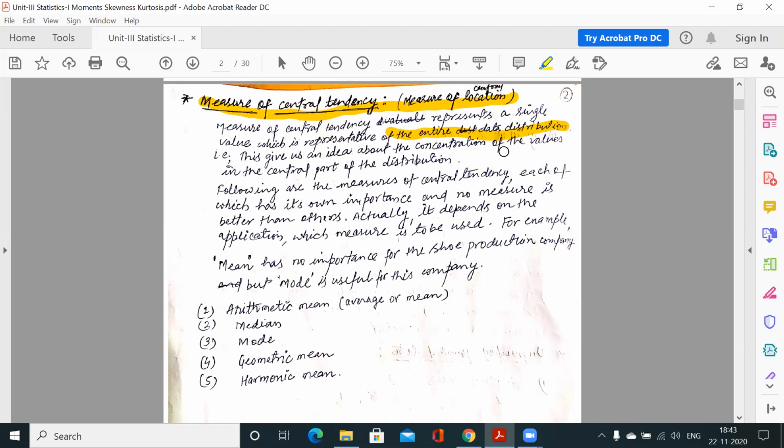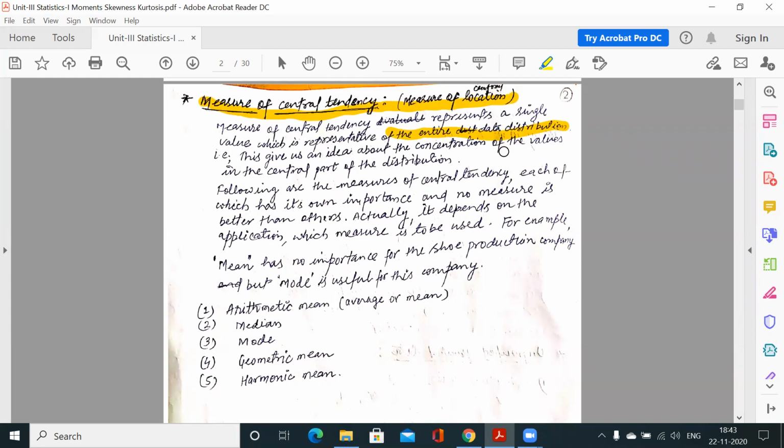But instead, if he tells me that he gets, suppose, 84 average marks in all these subjects, then by using this single value, 84, I get an idea that in all these subjects he got near about 84 marks.